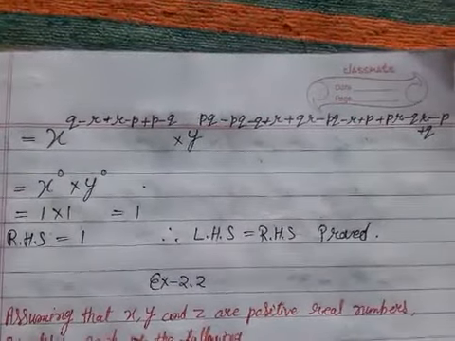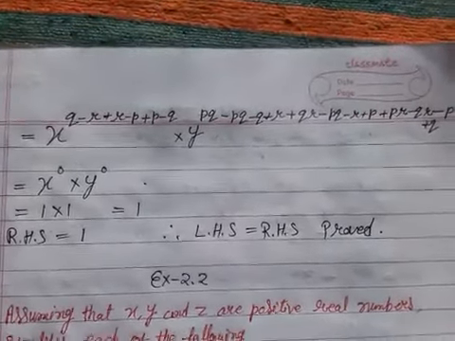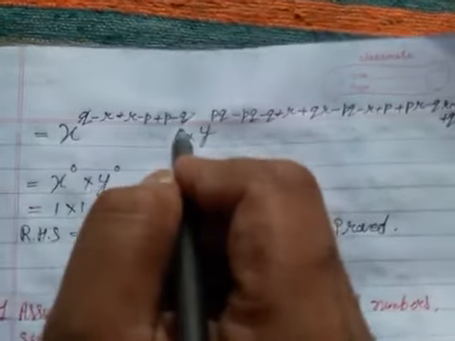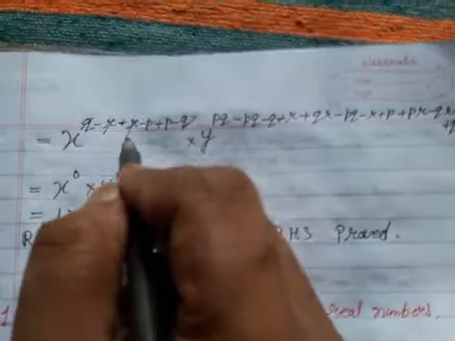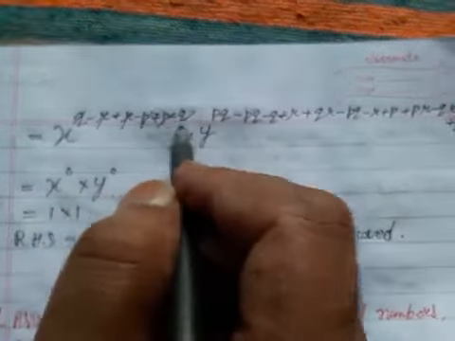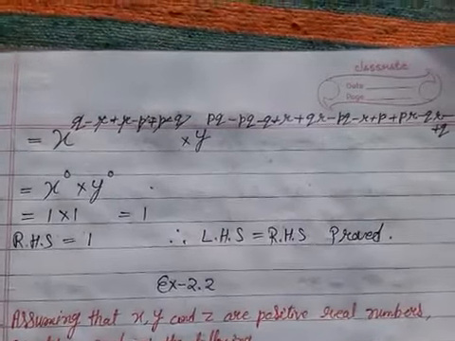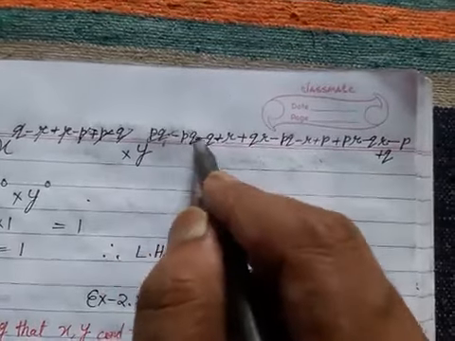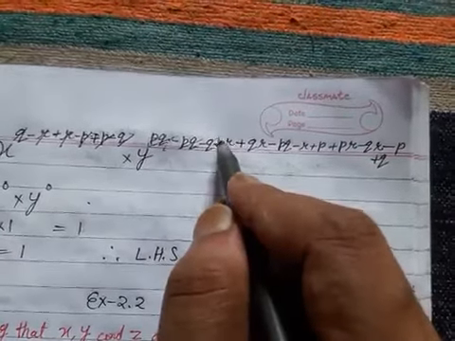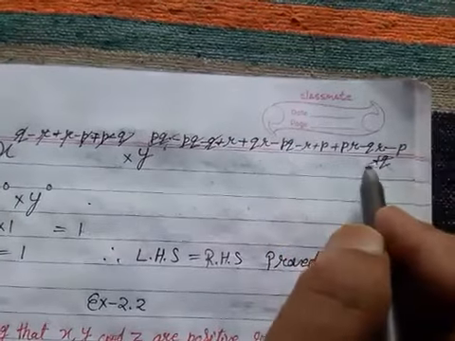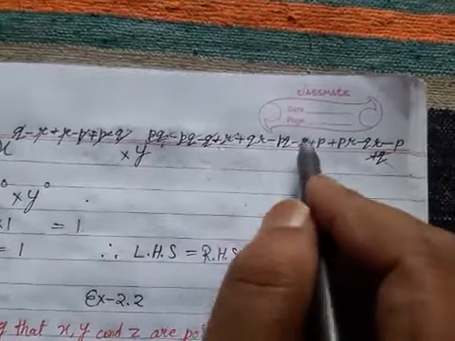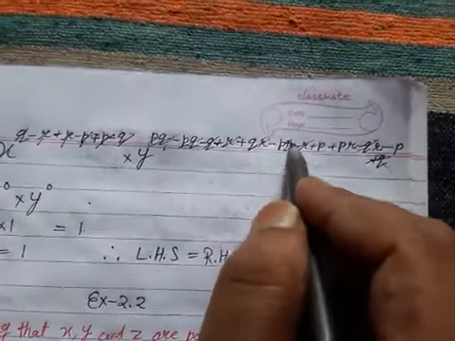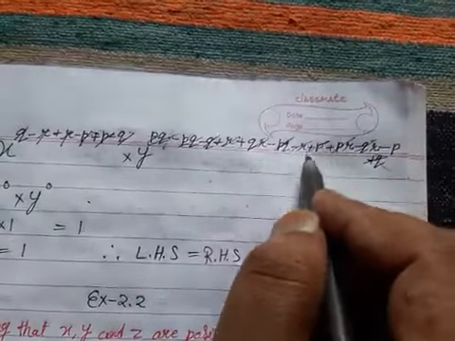Okay, now we can cancel it: plus q minus r plus r minus p plus p. Okay, similarly we cancel this one: here plus q, here minus q, here plus r, here minus r, here plus qr, here minus qr, minus pq plus pq.